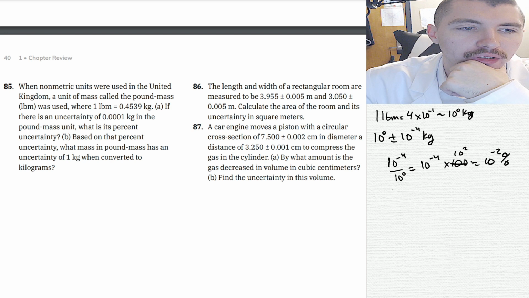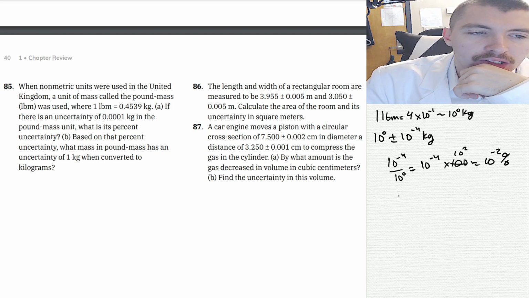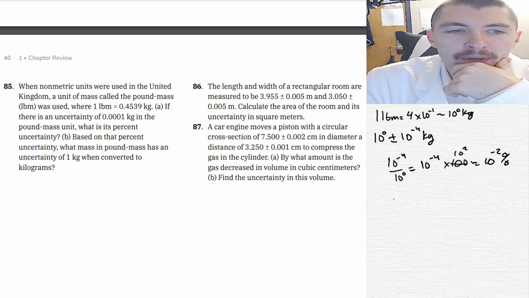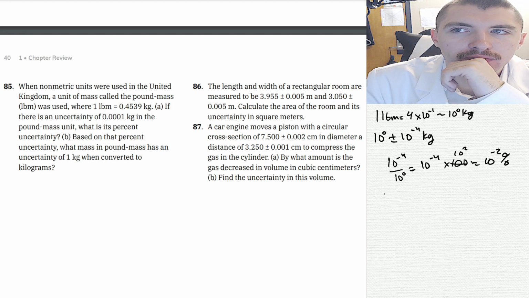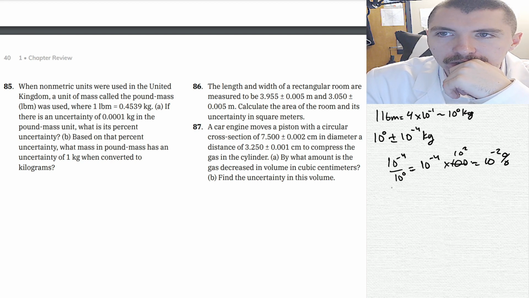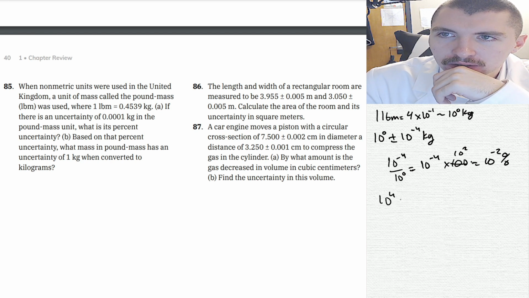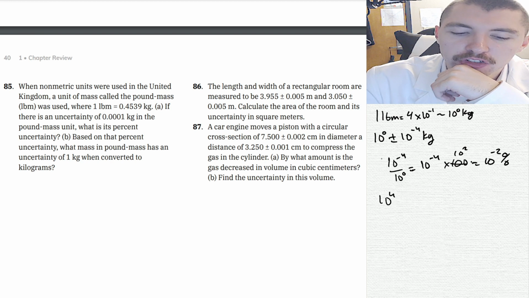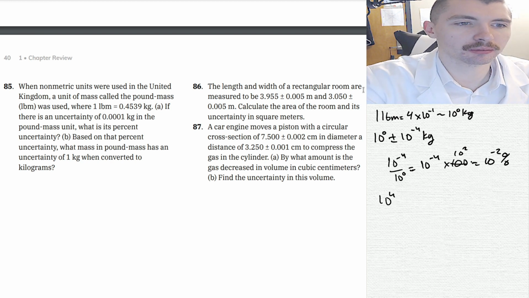Okay, so based on percentage rate, what mass in pound mass? Okay, so that's going to be 10 to the 4, because you add 4 here, you'll get 0. 10 to the 0 is 1. So about 10 to the 4.